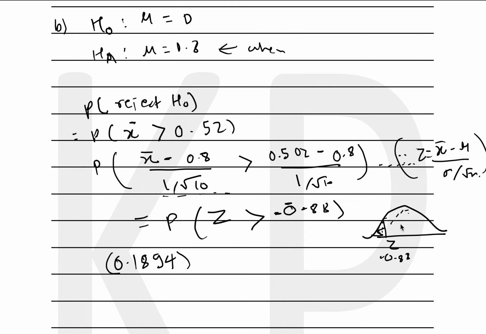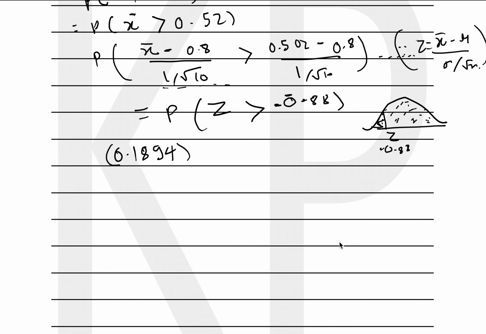So basically we want to find this dotted shaded area. So we have to subtract it from 1. Therefore that will be 1 minus 0.1894. That's the tail. And if you solve that, it should give you 0.8106.